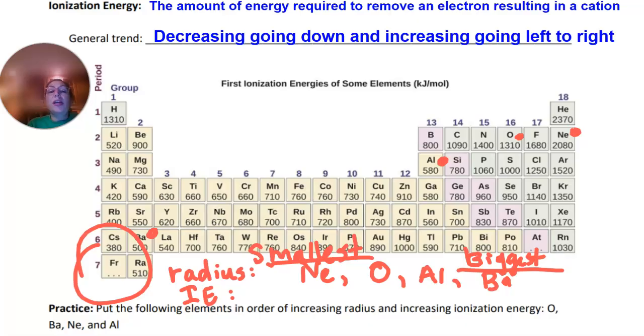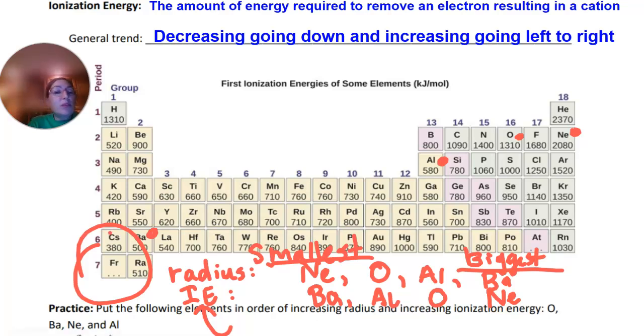So in terms of size, we've got neon, oxygen, aluminum, and barium. Now, ionization energy. It takes the most energy to remove an electron from the smallest element. So if the smallest element is neon, that is going to take the most energy to ionize. Noble gases really don't want to be ionized. And then we'll have oxygen, and then we'll have aluminum, and then we'll have barium.